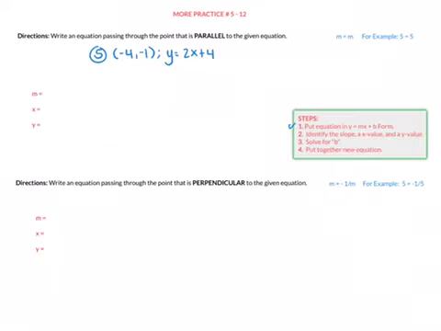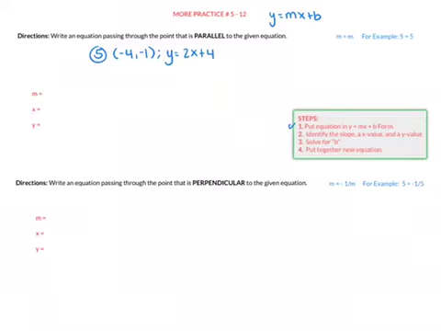Since we're writing an equation in slope-intercept form, and slope-intercept form equations have 4 different variables, every problem that we work with will give us 3 out of 4 pieces of information. We should know the slope, either from an equation that's already there or something that we can find ourselves. We should also know an x value and a y value.